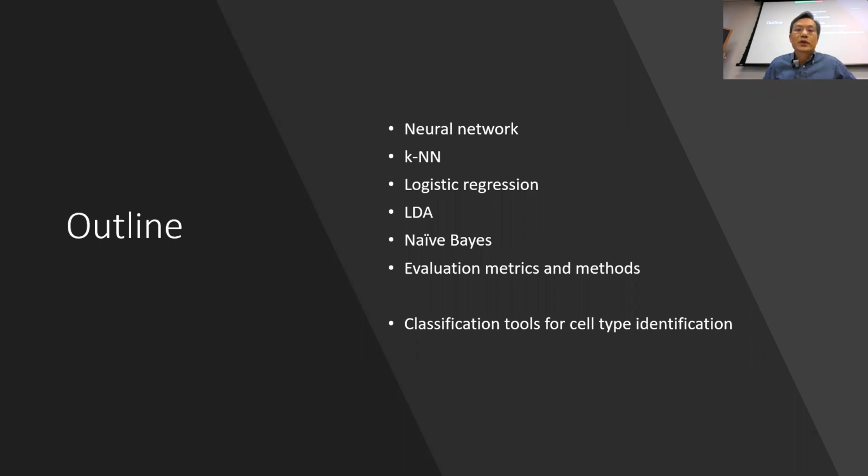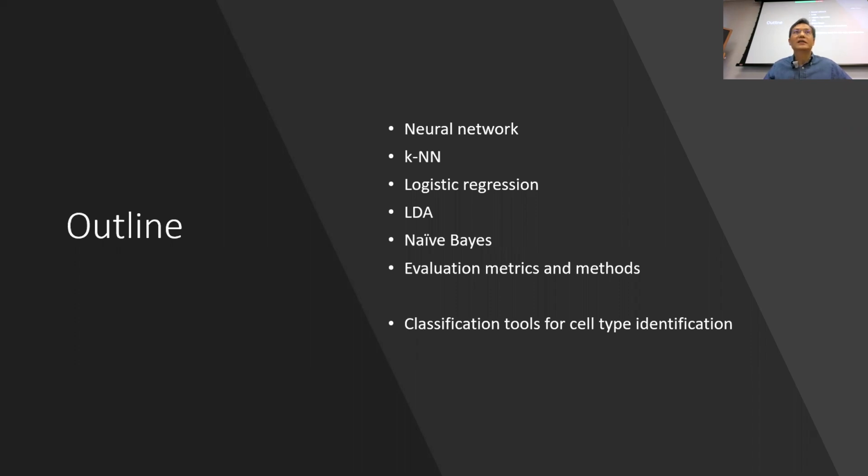We will go through neural network, KNN, K nearest neighbor, logistic regression, LDA, naive Bayesian, and then we will mention how you are going to evaluate whether your classification algorithm is good or bad, the performance. And finally, we will mention the classification tools in single cell identification, single cell type, basically.